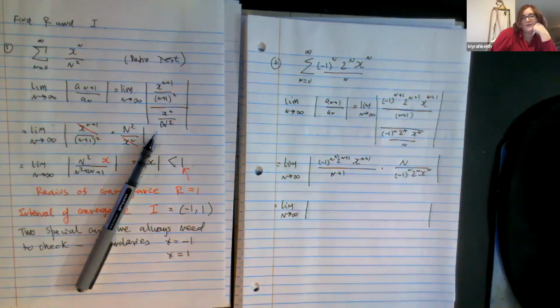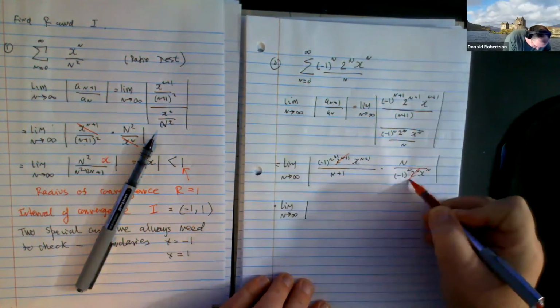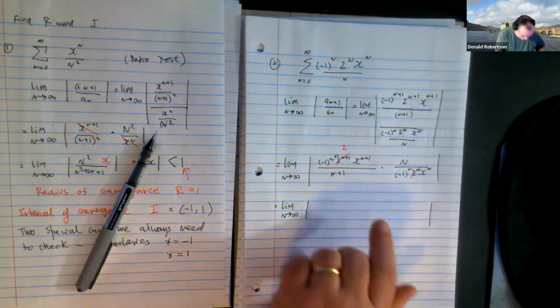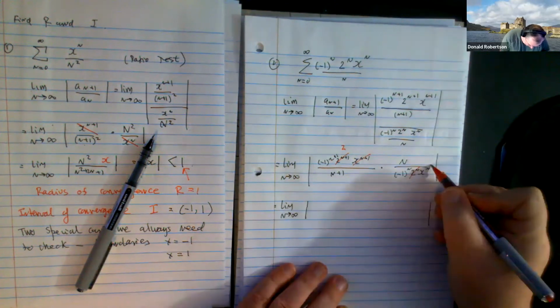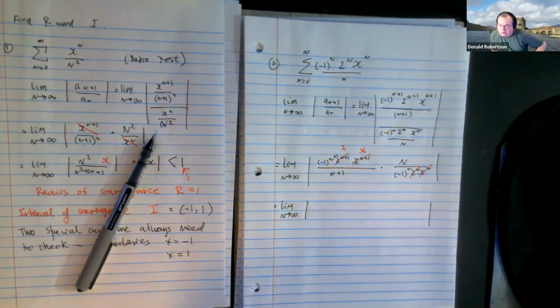The 2 and the x would both cancel. Okay, so if this one cancels with this, would you agree there's a 2 left? All right. If the x to the n plus 1 cancels with the x to the n, would you agree that there's an x?